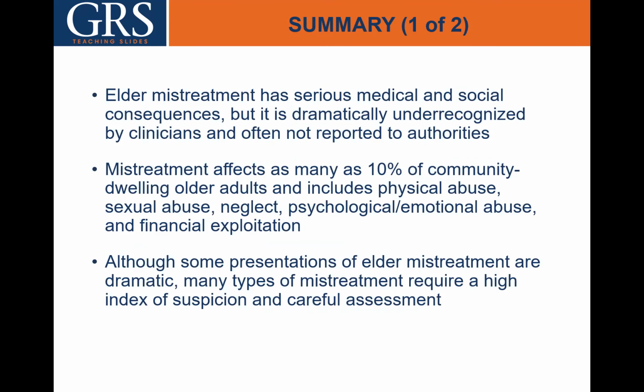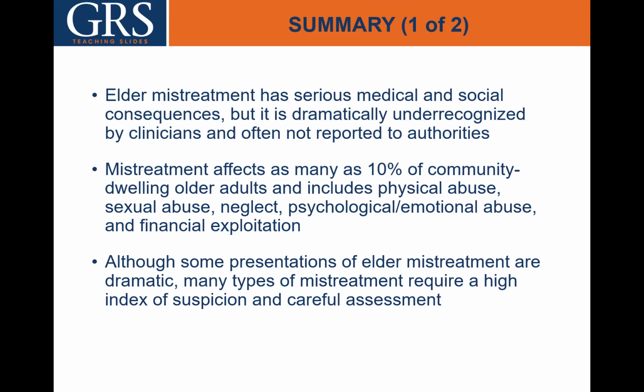So here's a summary of this topic. We talked about how important it is to identify mistreatment, because sometimes we clinicians just ignore it, and mistreatment has a high prevalence.